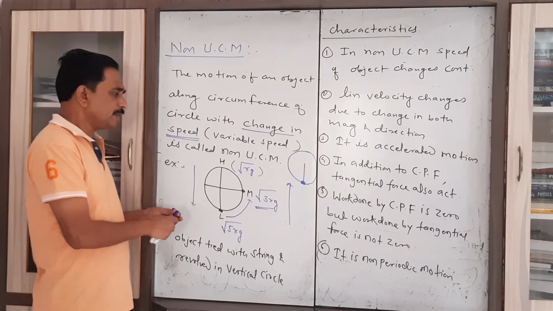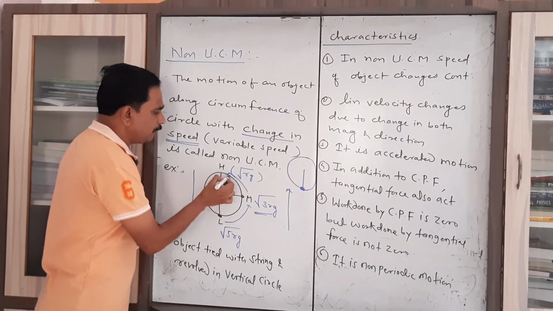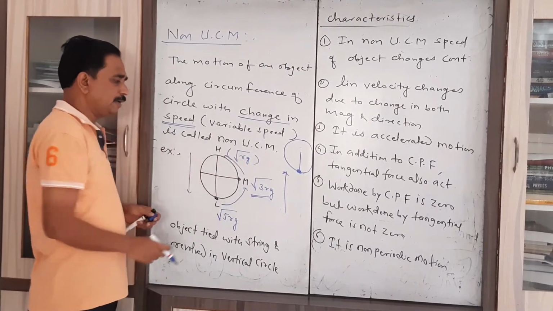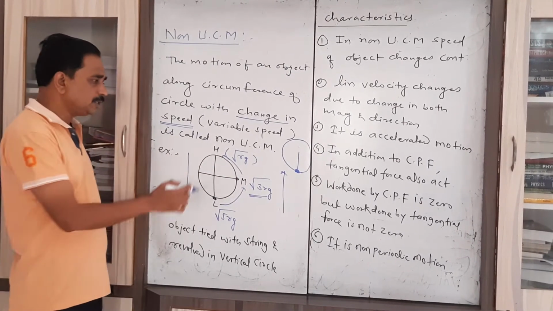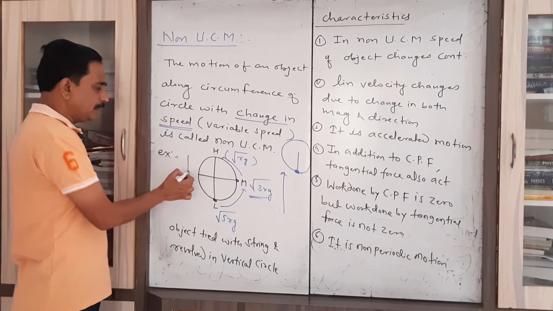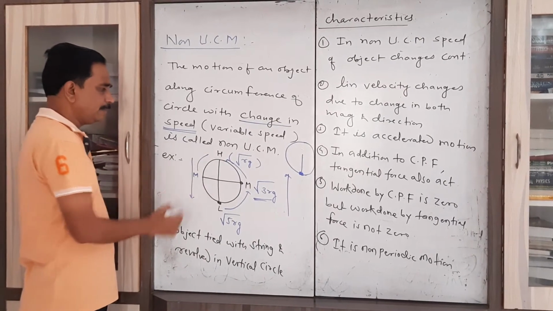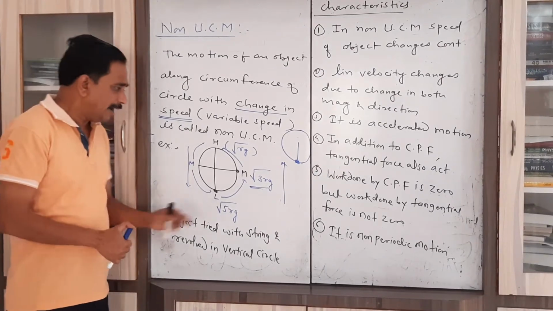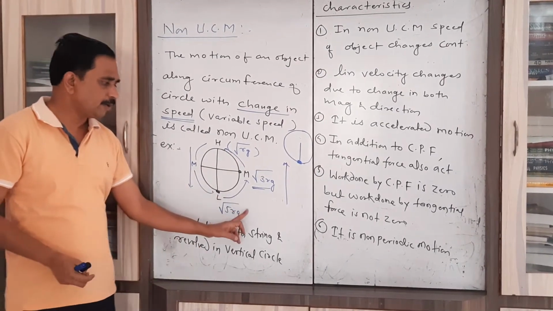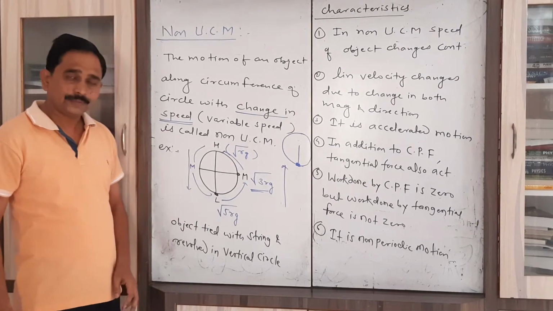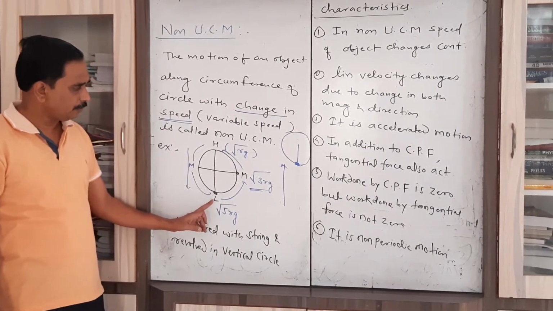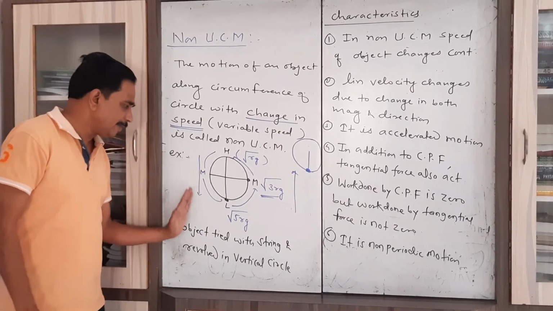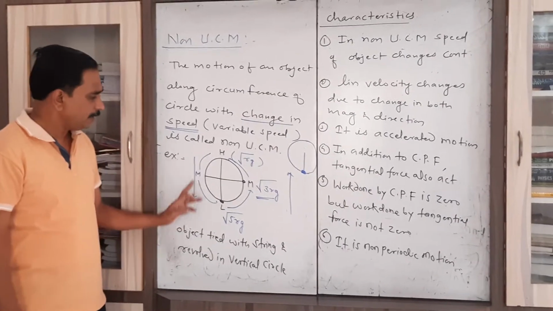When it moves from the middle to the top or highest position, its speed becomes root of rg. Opposite is the case when it moves from the highest position to the middle one to the lowest position. So in one half, the speed of the object decreases as it moves from the lowest position to the highest position, and in the other half its speed increases.